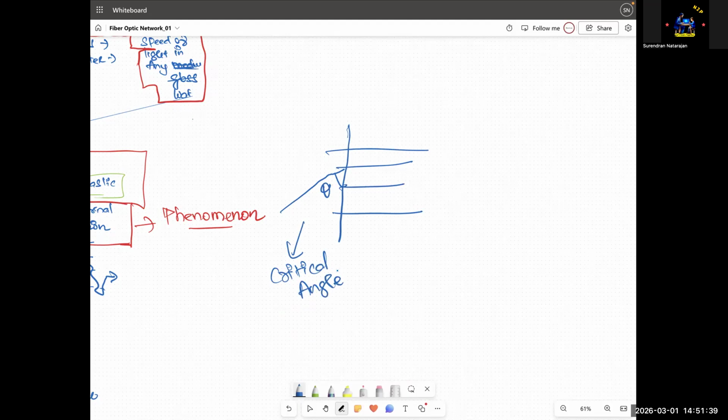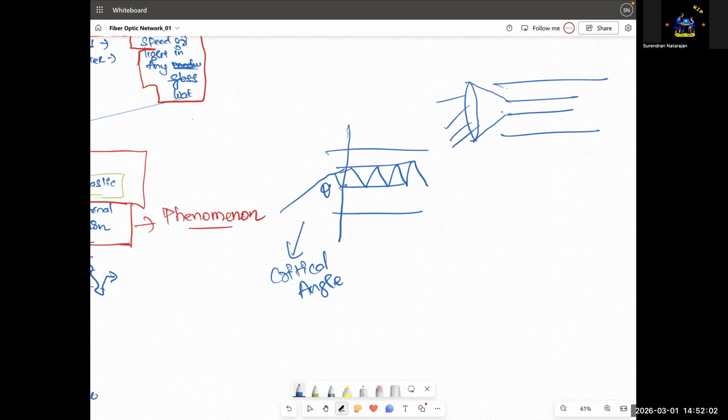If you send the light at this angle, then only this phenomenon, total internal reflection, will happen. For the same fiber, it looks like a funnel. You are inserting light like a funnel here. In this area, if you send light anywhere, it will be totally reflected. This area is called the numerical aperture.